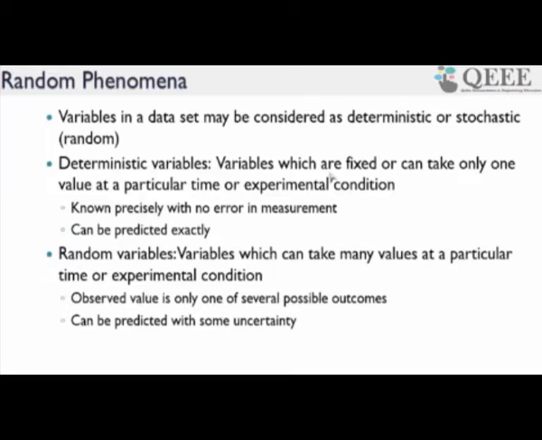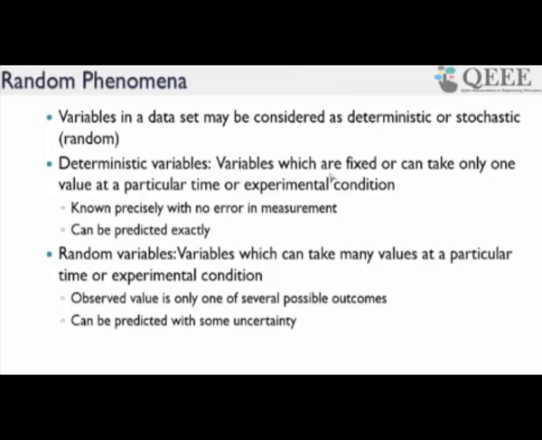In other words, everything being the same, if you measure the same variable multiple times, each time it will have a different value, and that value is one from several possible values that the variable can take. So you cannot precisely predict the variable, but you can say what the probability is that the variable will take some value within a certain range.